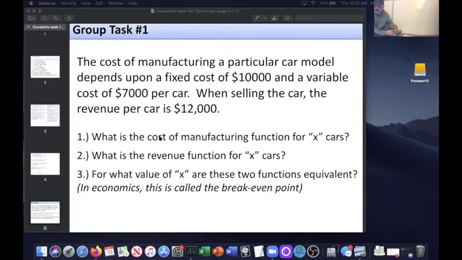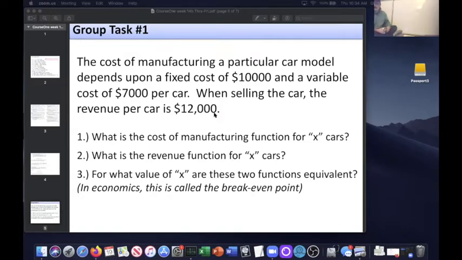So when you build these cars, it's going to cost you some money. You're going to have to pay $10,000, and then however many cars you make costs $7,000 each. And that's probably for the parts, the labor. Now, when you sell the cars, that's how you make your money. And however many cars you sell, you're going to get $12,000 back.